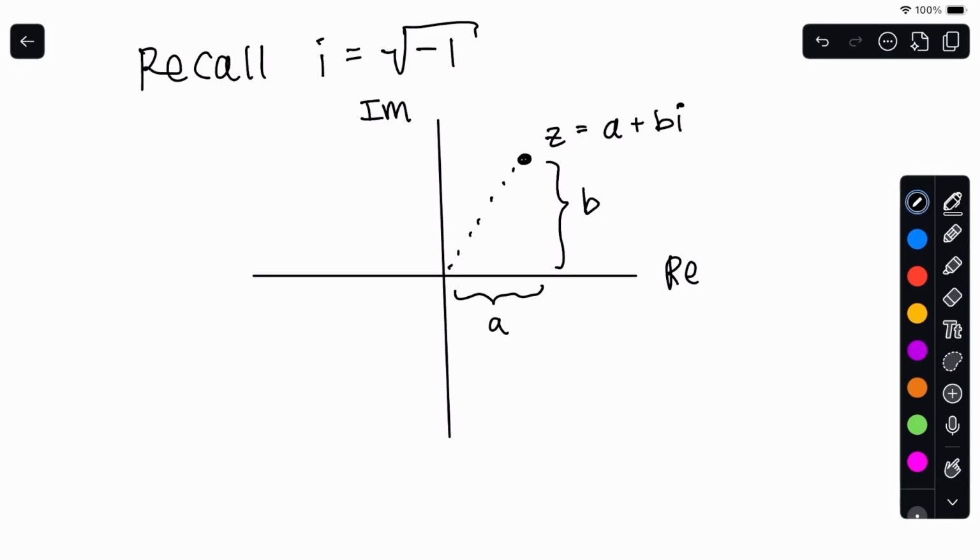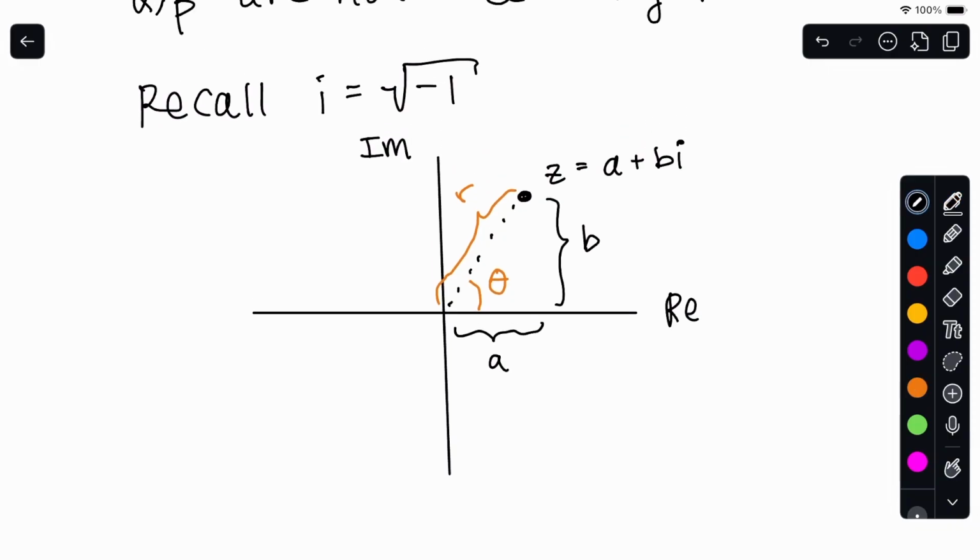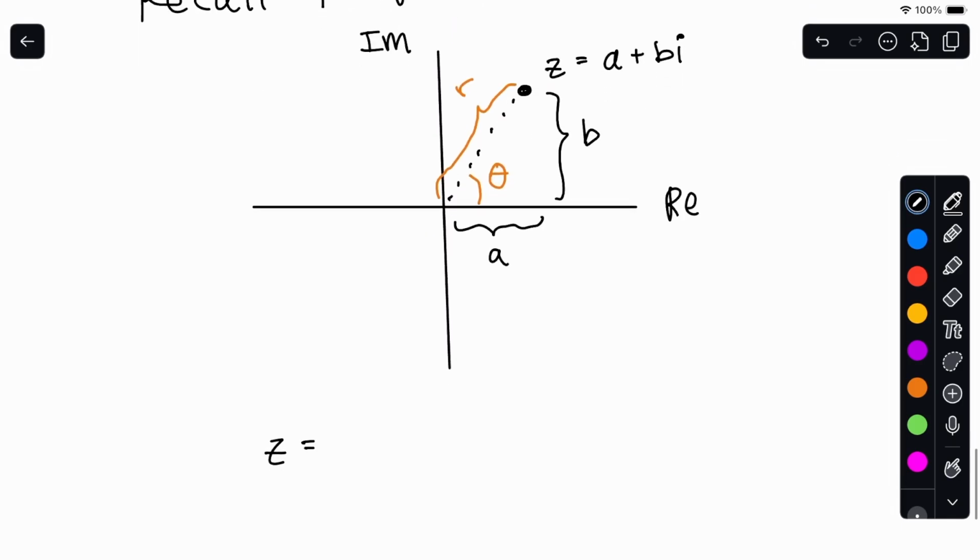Another way that we can express this in terms of complex numbers is in terms of an angle and a length. So you can see here that we have some angle theta, and you could also say, okay, this length is r. How would you express your state in terms of r and theta? You may not have learned this before, and it also may not be intuitively obvious, but we could also express z as r times e to the i theta.